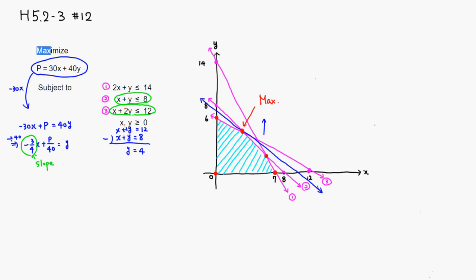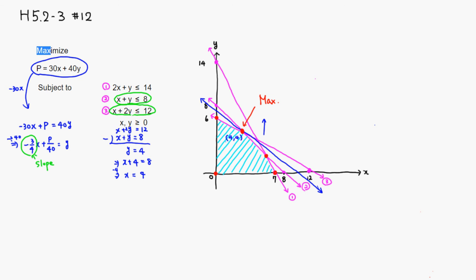So y is 4. For x, just plug it in: x plus 4 equals 8 from the second equation, so we subtract 4 from both sides to get x equals 4 as well. So this point has coordinates 4, 4.